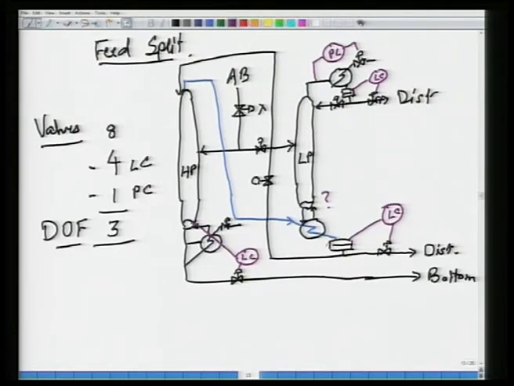Well, let us see. By the way, the distillate will be pure A, this would be A, this would also be A, and so I have taken out whatever has condensed of the vapor, split it into distillate and reflux into the HP column. What about the bottoms from this column?